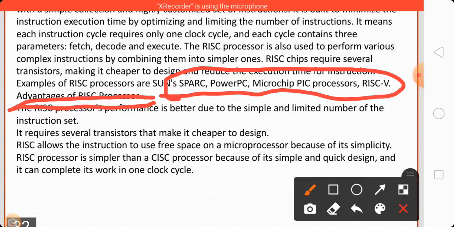The first advantage is that performance is better. RISC processor performance is better due to the simple and limited instruction set.